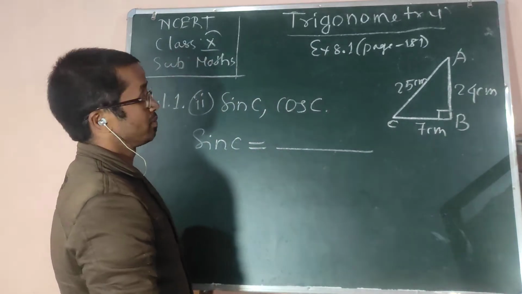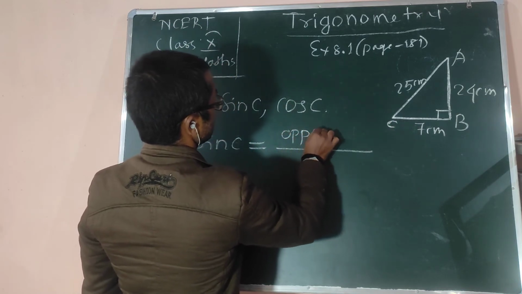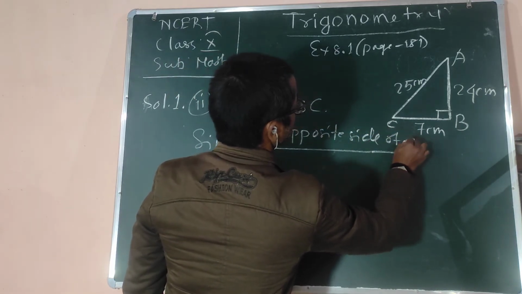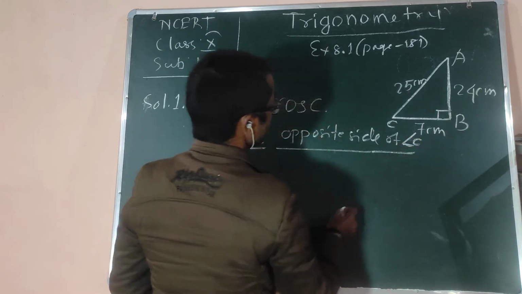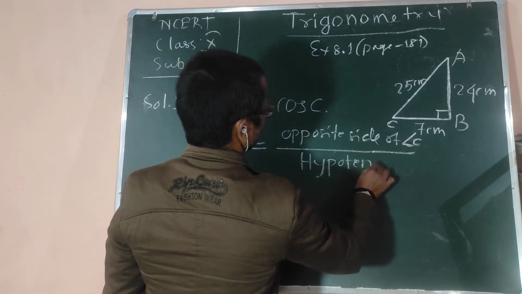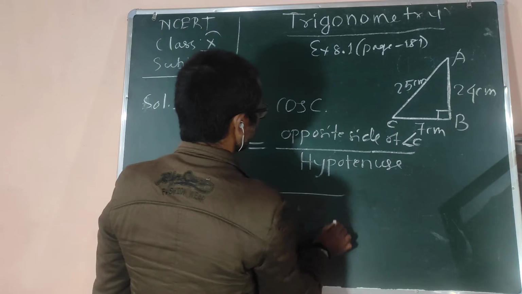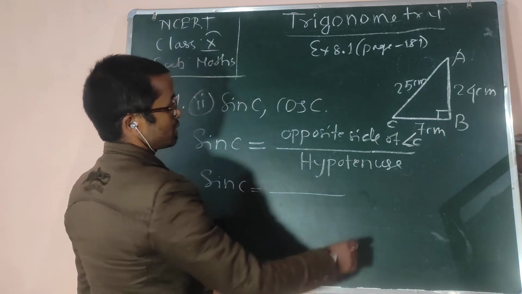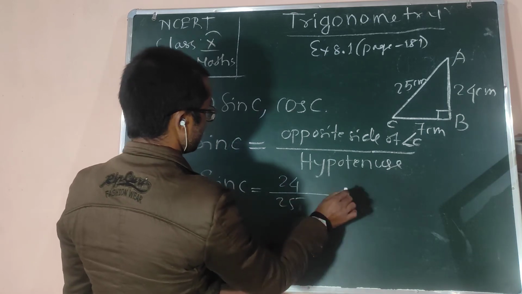Sin C, as we know, is the opposite side of angle C by hypotenuse. So sin C is equal to, what is the opposite side of that? That is AB. So the opposite side of angle C is AB, that is 24, and the hypotenuse, as we know, is 25. So this is the answer.